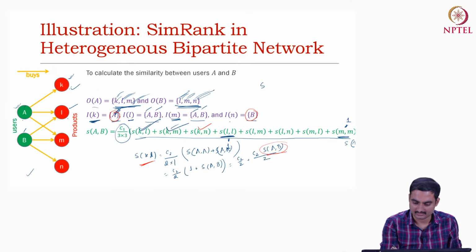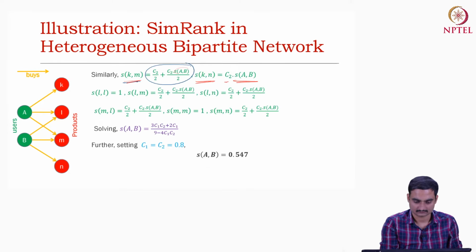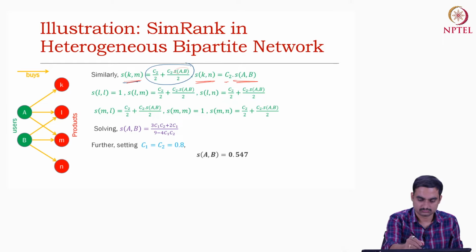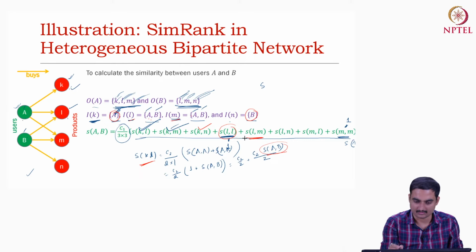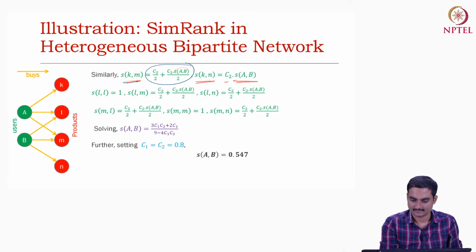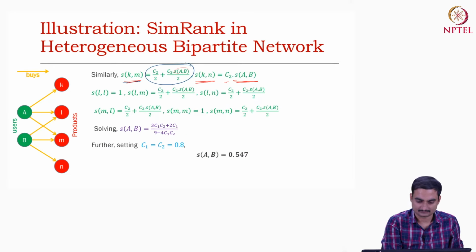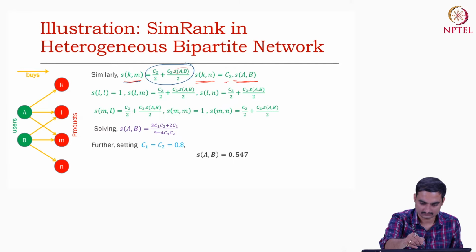Right. Now, let us look at S of LL. This is one. What is S of LM? S of LM is AA, AB, BA, BB. So you have all pairs. Let me check.